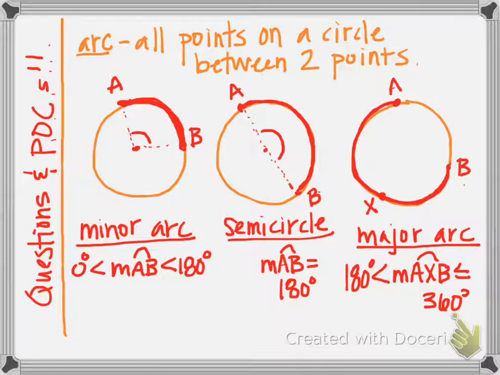Can't be bigger than 360 degrees. So if I draw the center of the circle and I connect it to its endpoints, I'm not measuring the angle of its minor arc, I'm actually measuring this angle right here.